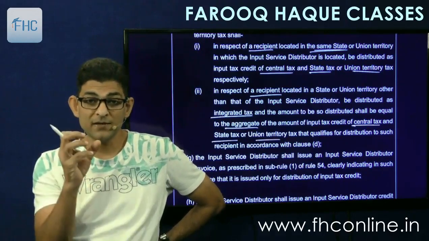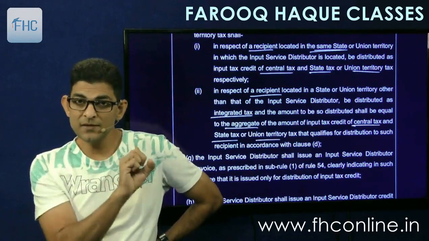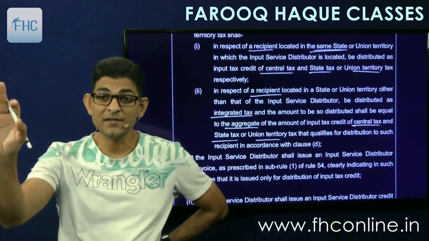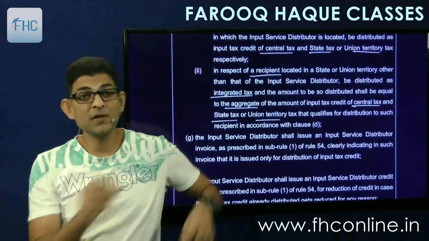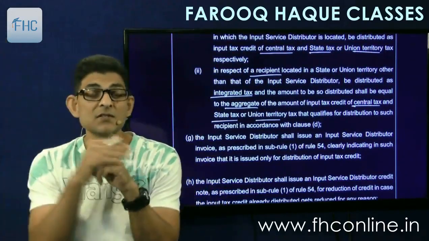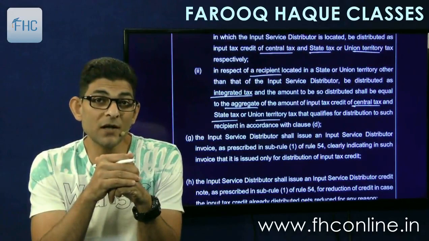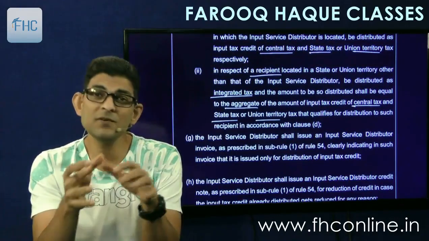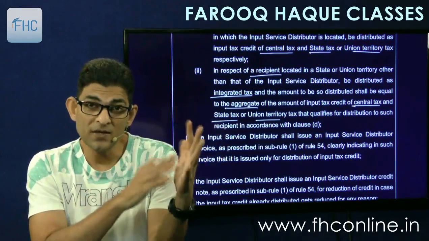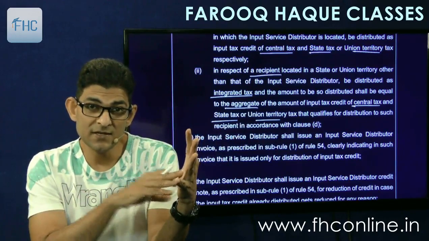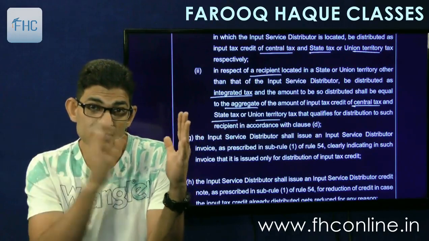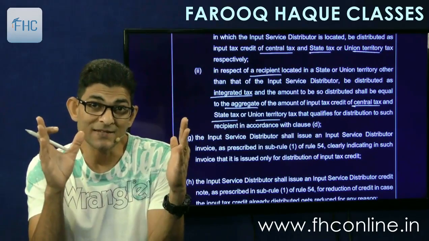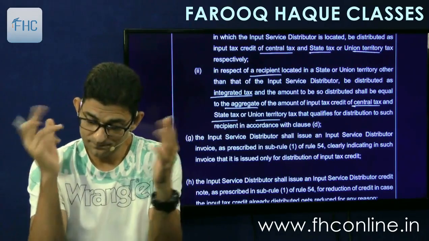So it will be aggregated, the CT and ST will be aggregated and distributed as IT, integrated tax. Because if it is distributed as central or state, the other state will not allow the credit. This we have discussed earlier also. One state's CT and ST cannot be allowed as credit by the other state. So hence it will be distributed as IT, integrated tax.